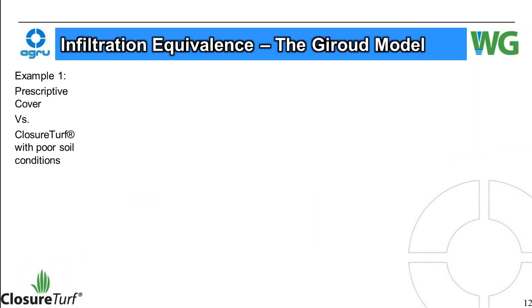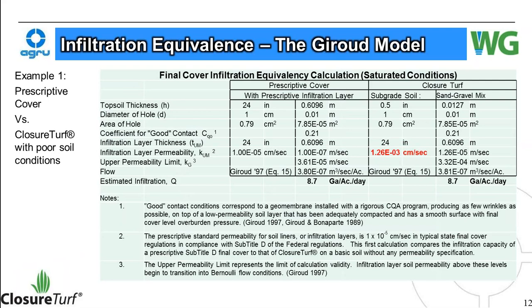Well, let's go through an example of the Giroux model here. First is prescriptive cover versus ClosureTurf on poor soil. So this is a spreadsheet of that Giroux equation here.